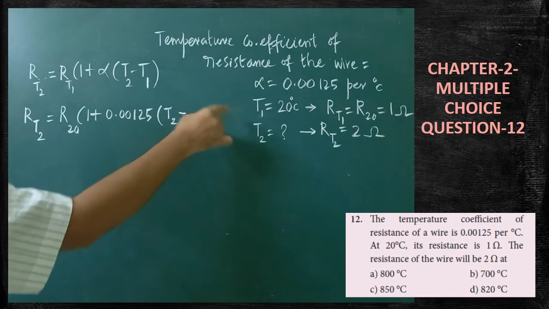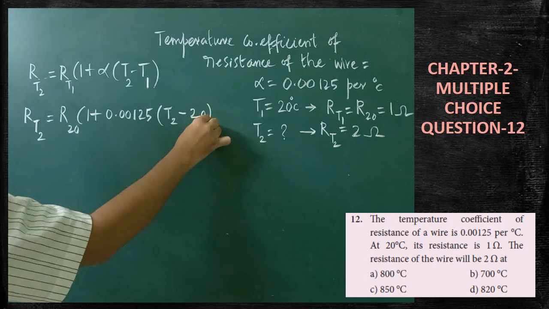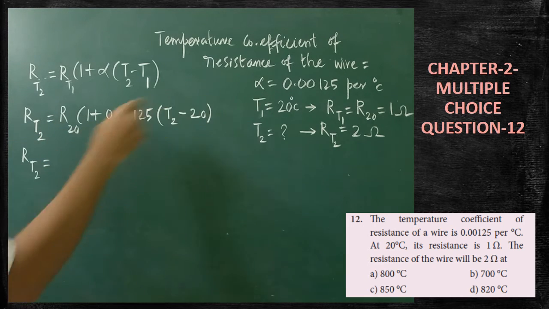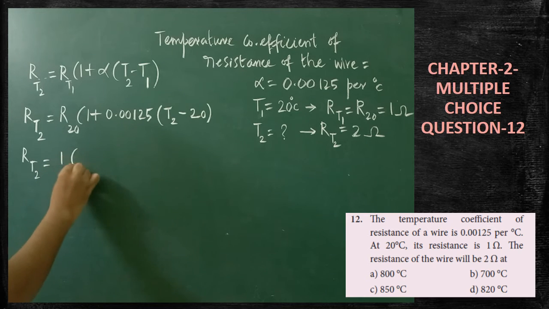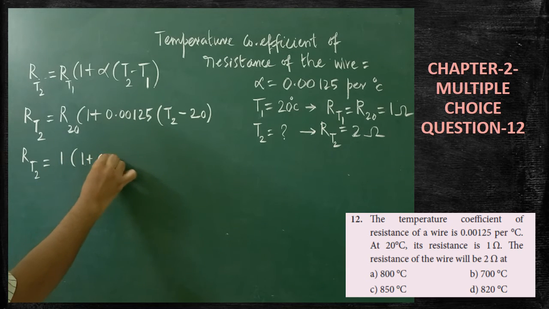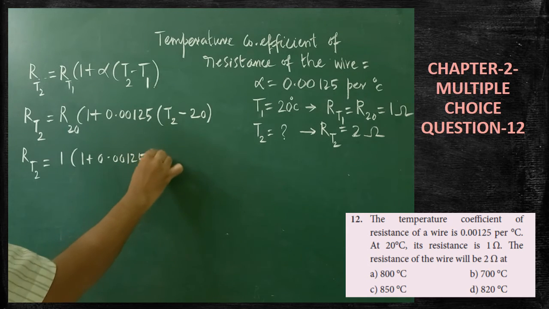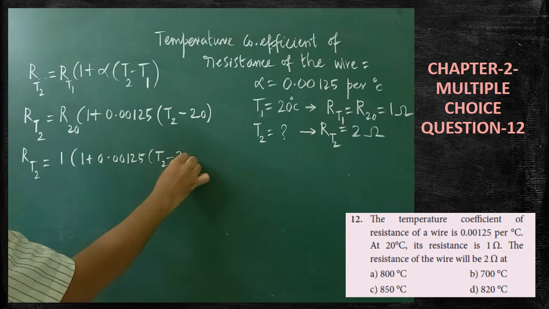The T1 value is known, 20 degrees Celsius. So all the values are substituted. RT2 is equal to, the resistance of the wire at 20 degrees Celsius is 1 ohm. Are you clear? 1 plus 0.00125 in bracket T2 minus 20, written as it is.